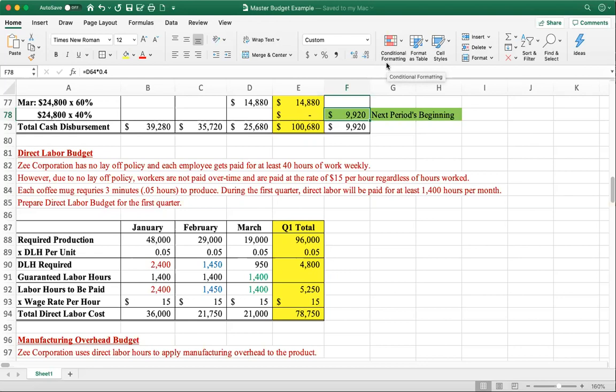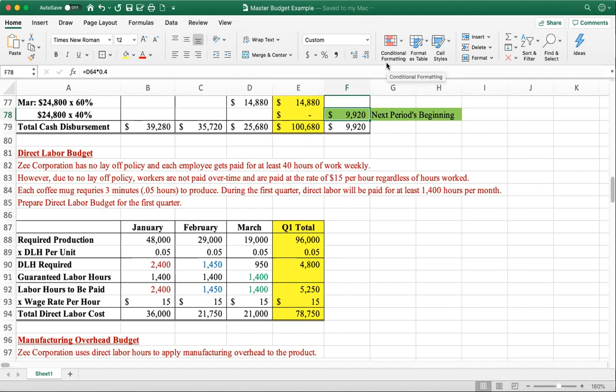Now, sometimes companies have a no layoff policy, as in this case. When the company has a no layoff policy, if the workers work below 40 hours, the minimum weekly hours, they still get paid for 40 hours.